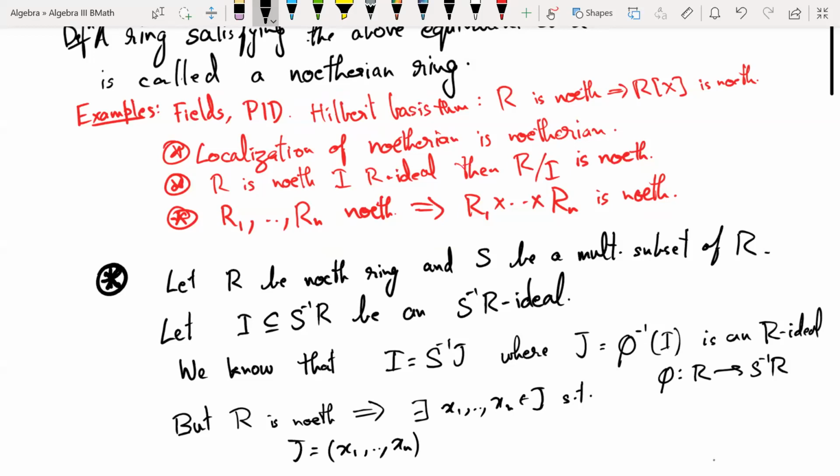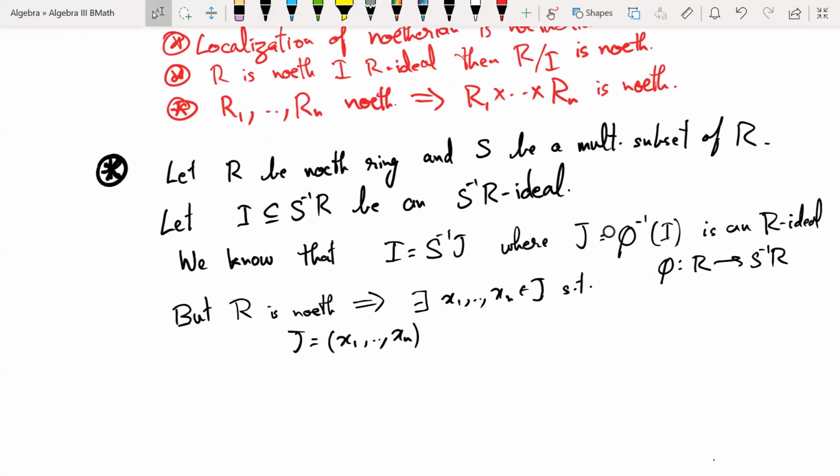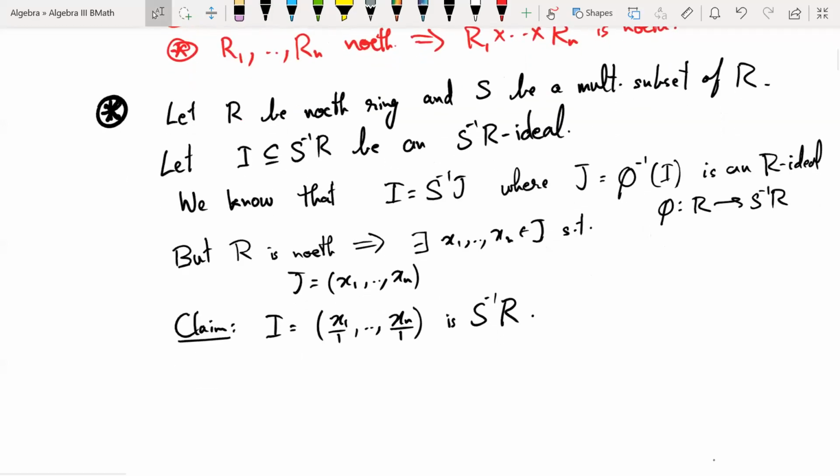Then my claim is that I, so S inverse J, is the ideal generated by elements of J. So the claim is that I is generated by x1 over 1 to xn over 1 in S inverse R. So how does an element of I look like?